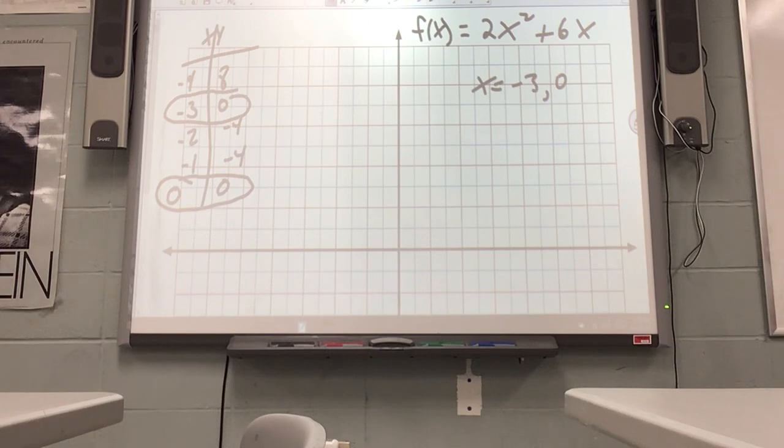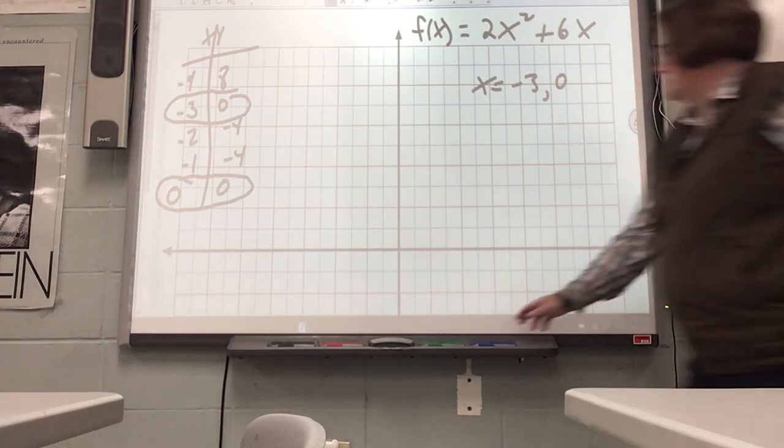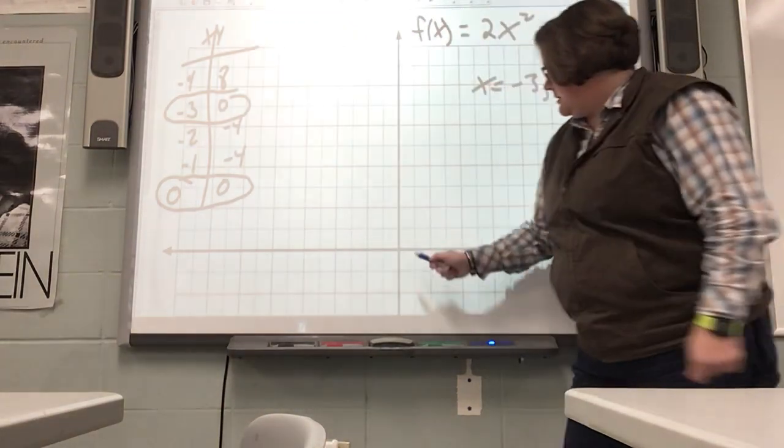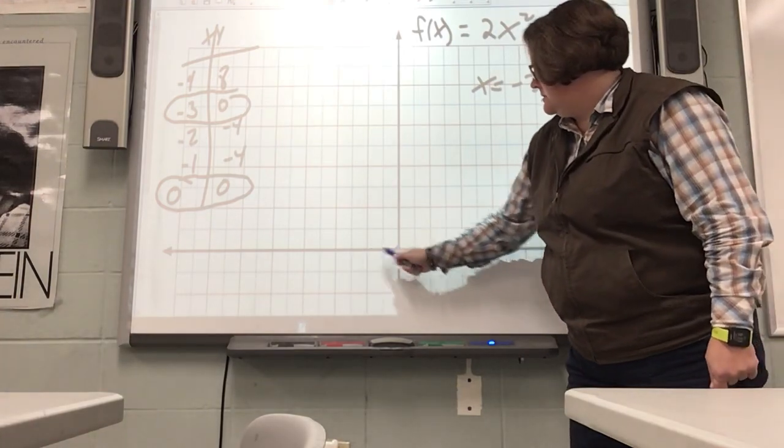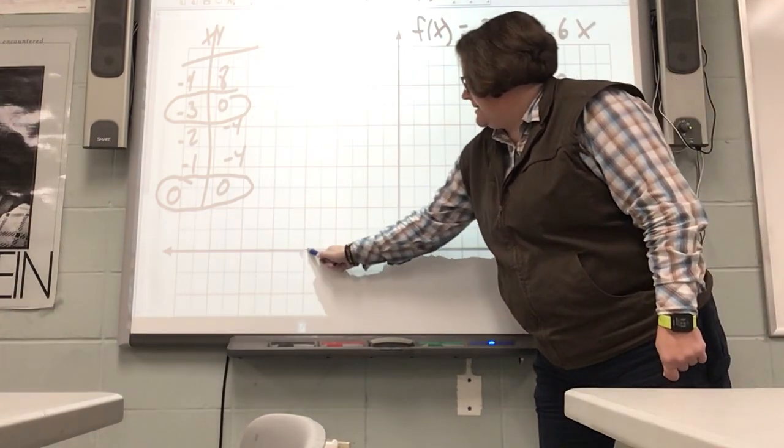So when would the table, when would I need to do more work, maybe, is what I'm asking. What if that had not been a whole number, -3? Could it ever cross on not a whole number? So, my parabola, just plot these, crosses at 0, 0, and -3, 0.